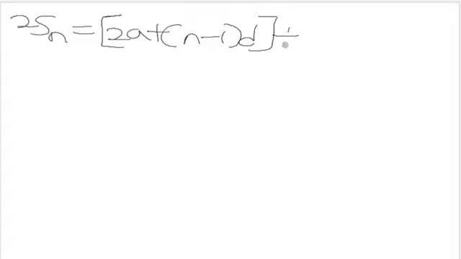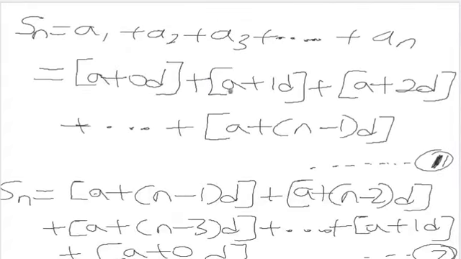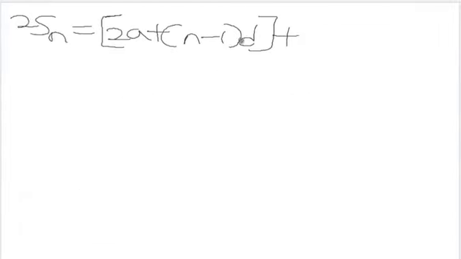So this becomes 2A plus (N minus 1)D, plus, we pick the next one: A plus A gives us 2A, and (N minus 2)D plus 1D. If you add it together, you are still left with 2A plus (N minus 1)D.